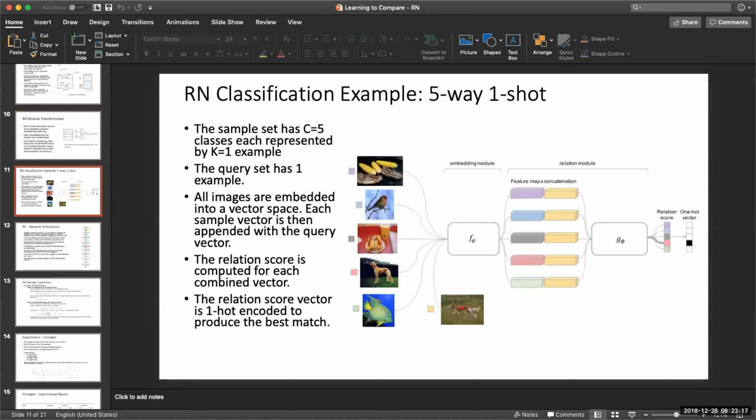So here's a diagram from the paper that I think is very good as well, and it displays the 5-way one-shot. So there are 5 classes on the left, which are color-coded with these squares to the very left, and one shot, meaning there's only one example of each.